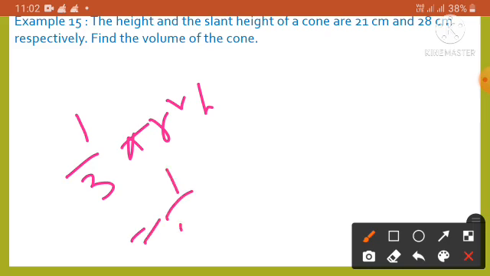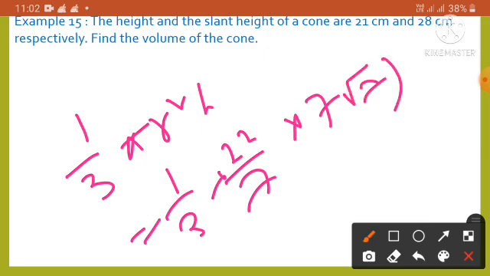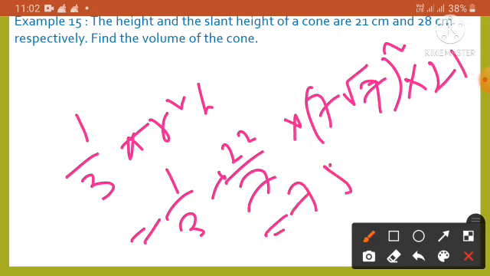So it will be 1/3 into 22 by 7 into (7 root 7) square into height, that is 21. So we will get 7546 cm cube. So the volume of the cone is 7546 cm cube.